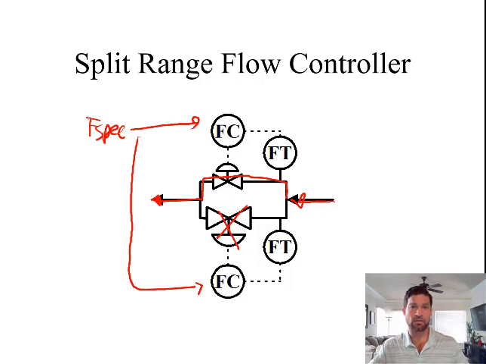This valve is open. Once this valve is fully open and the flow is higher, or for larger values of F specified, the second control valve is going to start to change, or is going to open and change to control the flow for the process. So at large flow, this valve right here is open at large flow, and then control is achieved with the second valve.